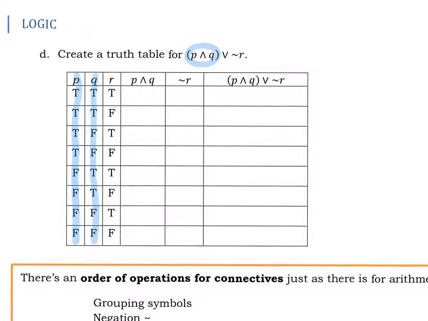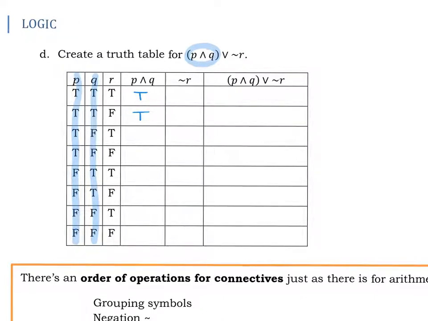If you're looking at anything else, your eyes are wandering to places they don't need to be. Now, if this is an and, remember, you can look on the previous page. The only time an and statement is true is when both simple statements are true. In other words, you need a true and a true to get a true. Looking at the columns that are highlighted, I have a true and a true, which gives me a true. I have a true and a true, which gives me a true.